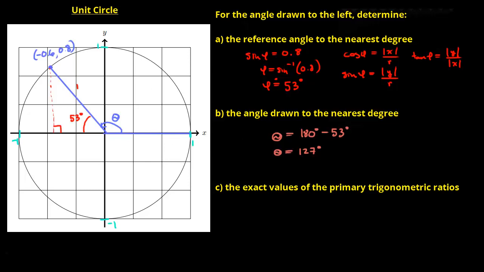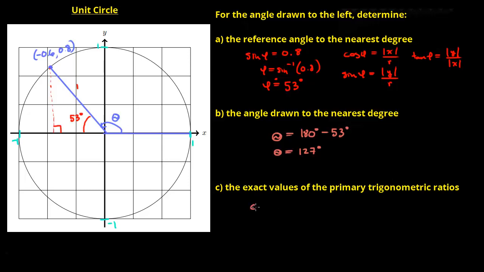Now it says the exact value, so it wants us to figure out the exact values of the primary trigonometric ratios. Notice that theta is a rounded value because we've rounded phi, so theta is not an exact value. In order to do so, let's first figure out the cosine of theta.